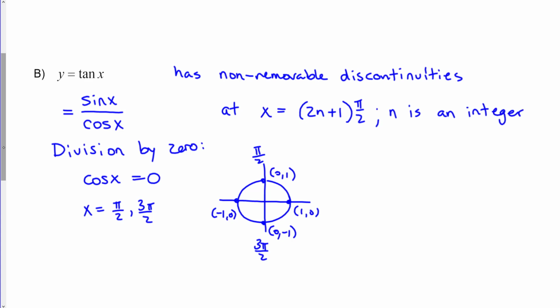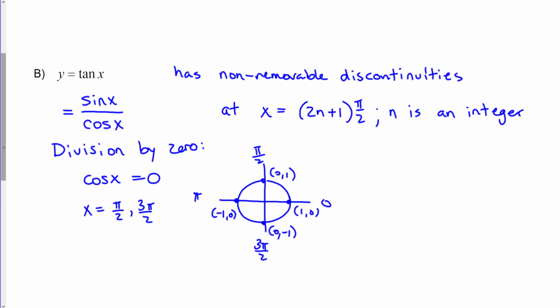It has to be odd multiples, because if I make it an even multiple, then I could get like 2 pi over 2, which would be pi, which is not a place where I would have division by 0. Also, if I allowed it to be 0, which is an even number as well, then I would be over here.